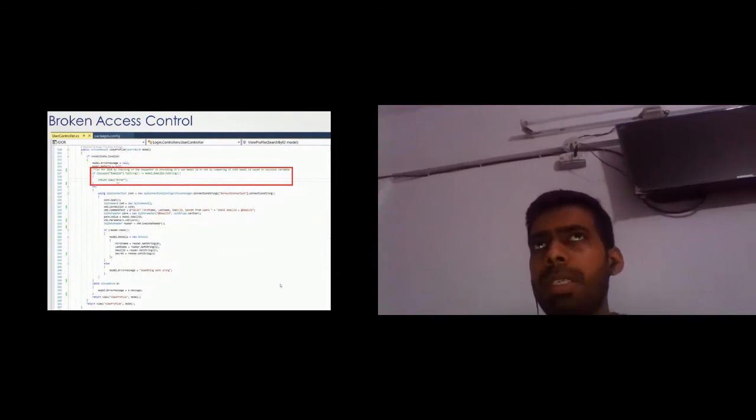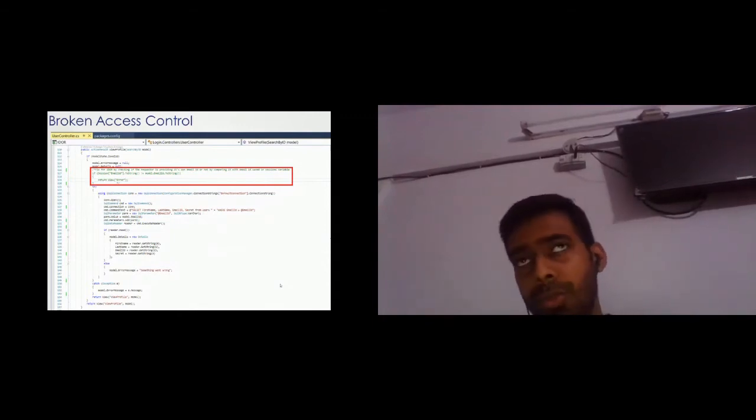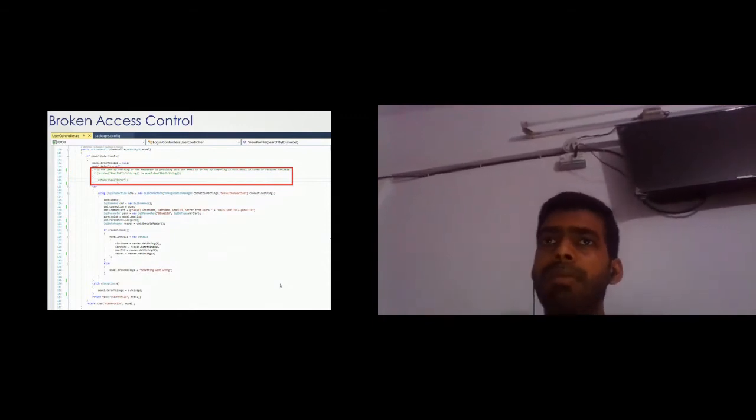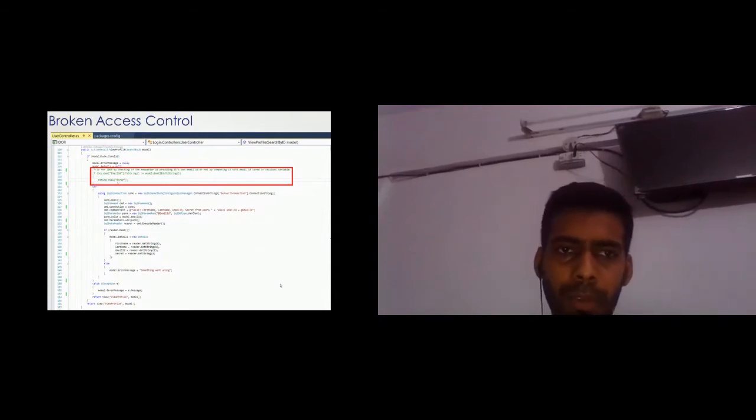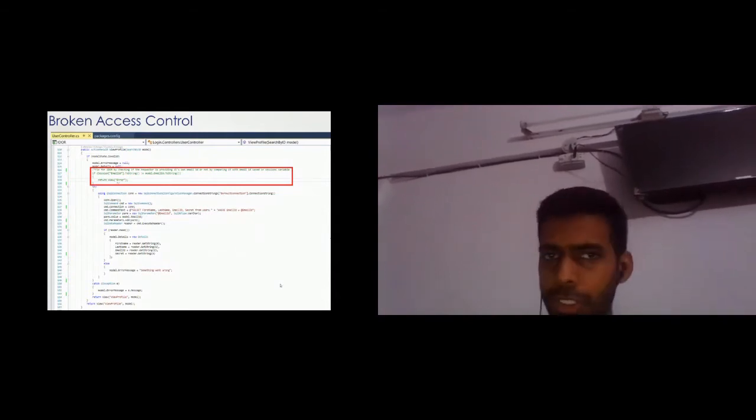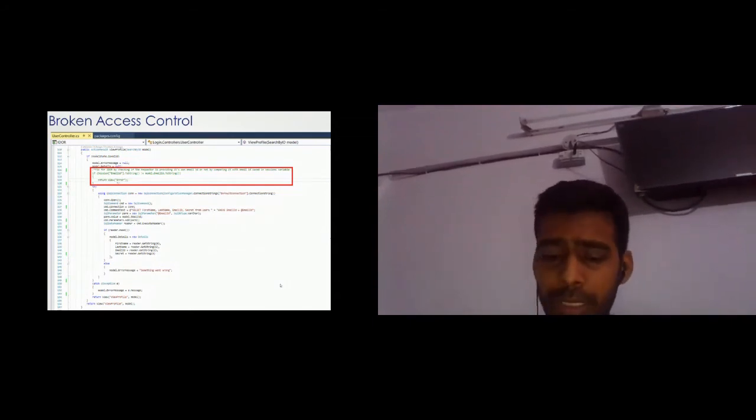So what will happen is, let's say there is a user, user1@example.com. If he wants to view his information, he would type in user1@example.com, and this would flow through this function or action, and it will return the results for user one.